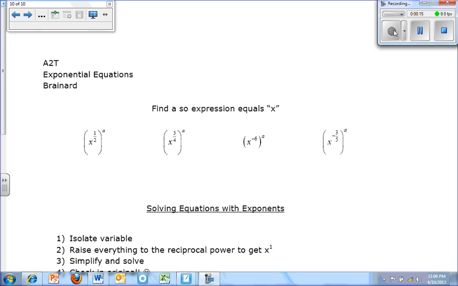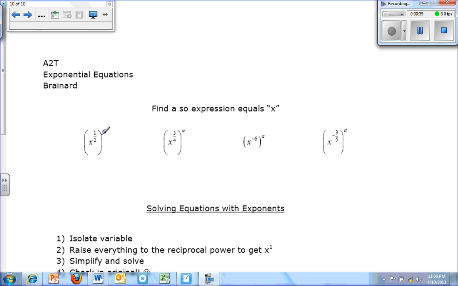But before we get into that, we're going to do a little exercise to help us. On our first example here, underneath find a, so expression equals x, I need to find a value that will make my exponent a 1. And when we have a power to a power, we multiply our exponents.